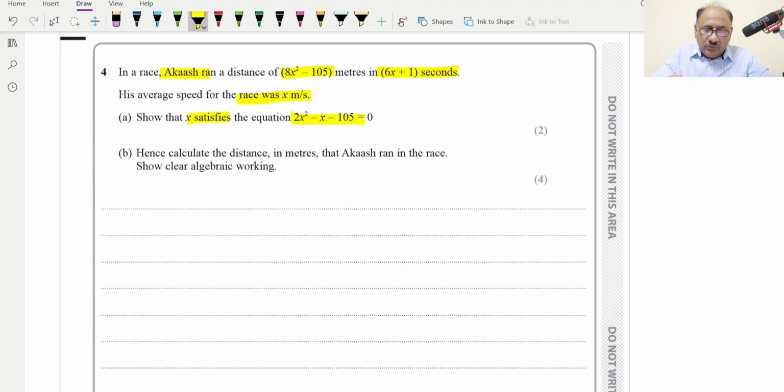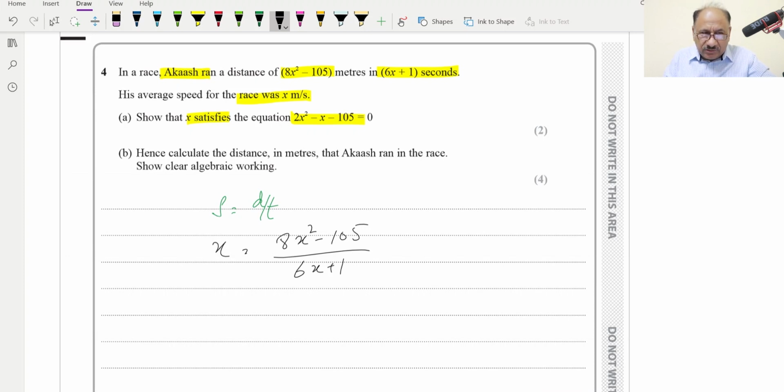So we know speed is equal to distance over time, and speed in this case is x, distance is 8x squared minus 105, and time is 6x plus 1. So we have replaced these values.